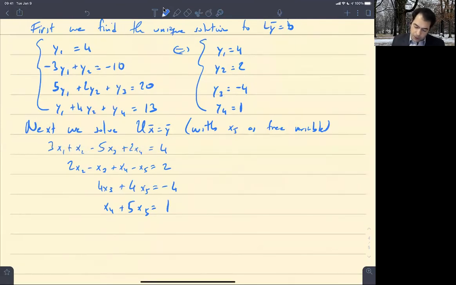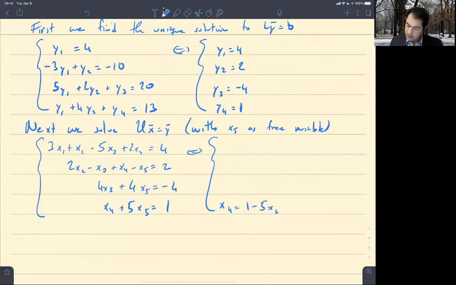So let's do that. Here I know that x4 is equal to 1 minus 5x5. From here, I know that x3 is equal to -1 minus x5. From here, I know that x2 is equal to 5/2 of x5.